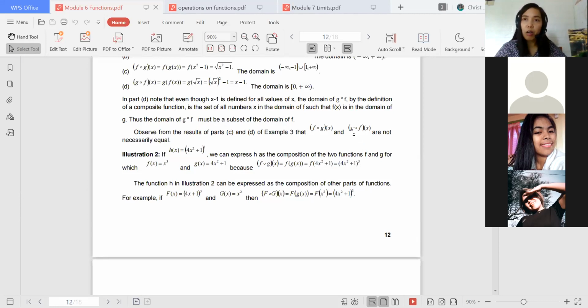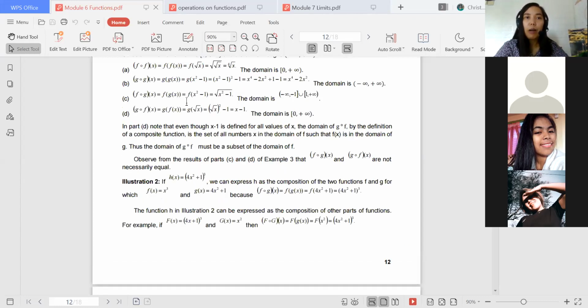Maybe for some functions they are equal. But most of the time, they are not equal. f composite g is not equal to g composite f. Not all of them, okay? There are times, but most of the time they are not equal. So we showed that in part c and part d; obviously, they are not equal.